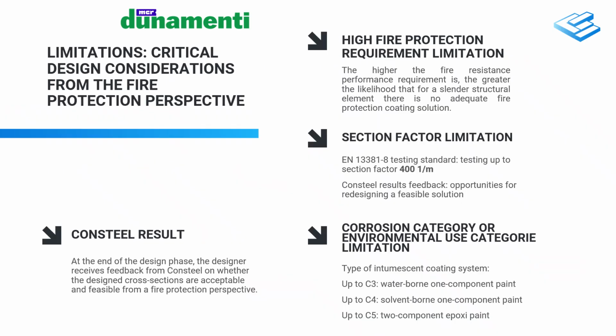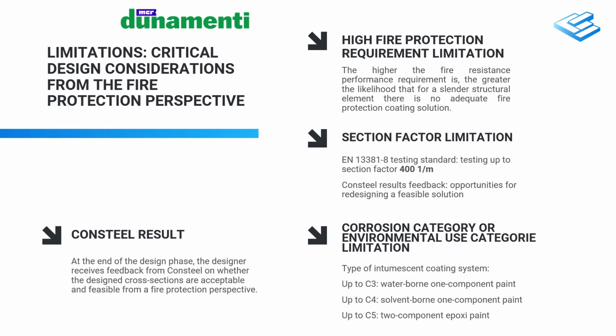Based on what you've heard in the past few minutes, I will summarize the limitations involved in determination of fire protection layer thicknesses. When dealing with high fire resistance requirements, special attention must be paid to the section factor and the critical temperature of the structural member.